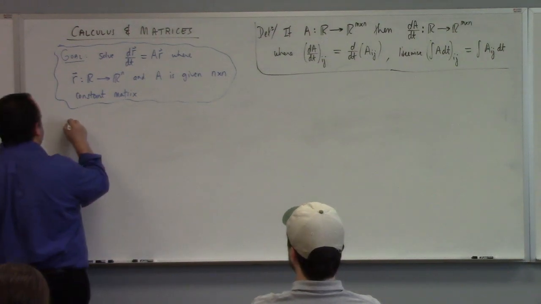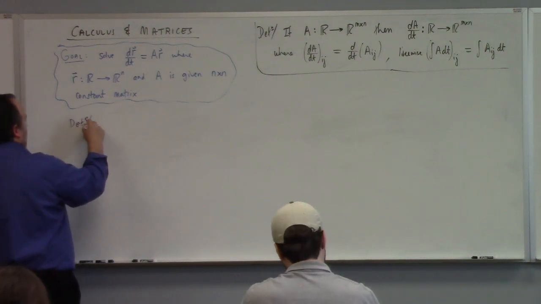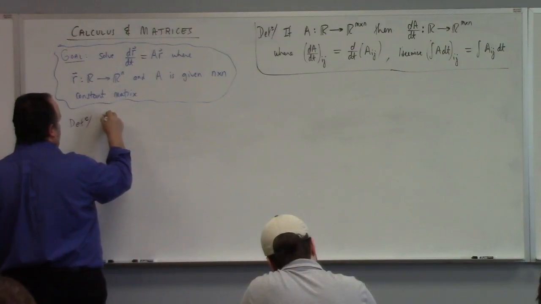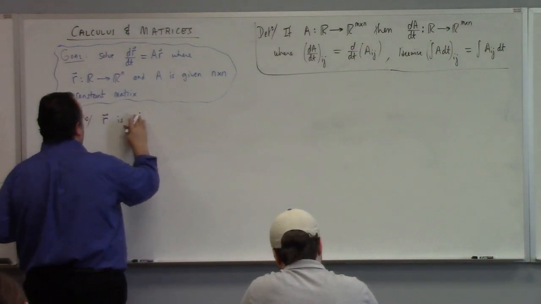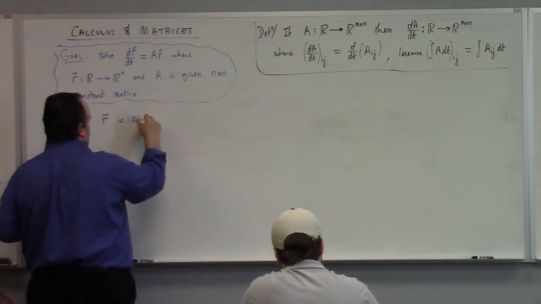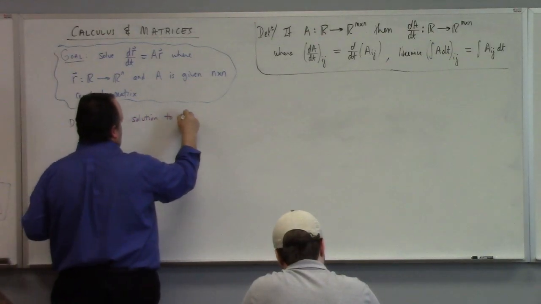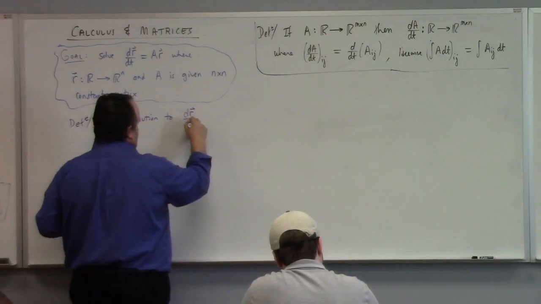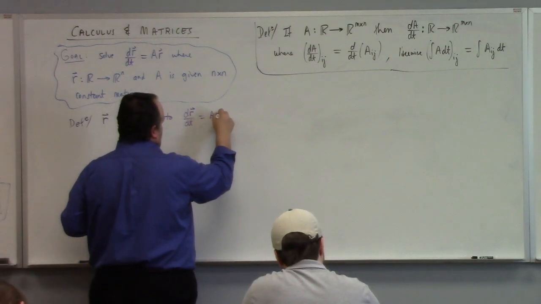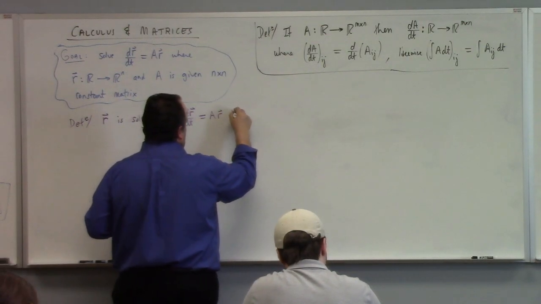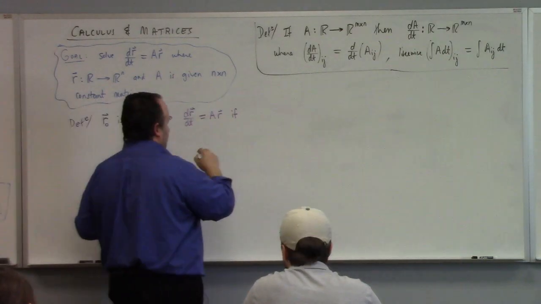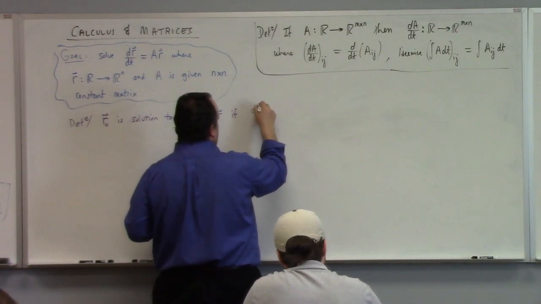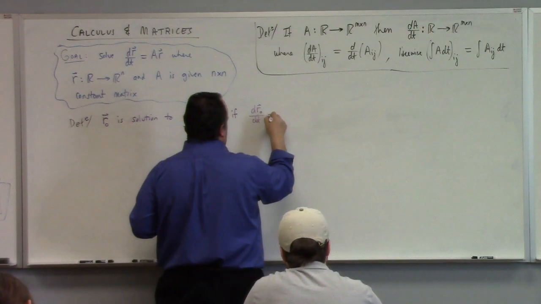Definition: R is a solution to dR/dt = AR if, let me say R naught for the sake of making it look different, if dR naught/dt is equal to A R naught.